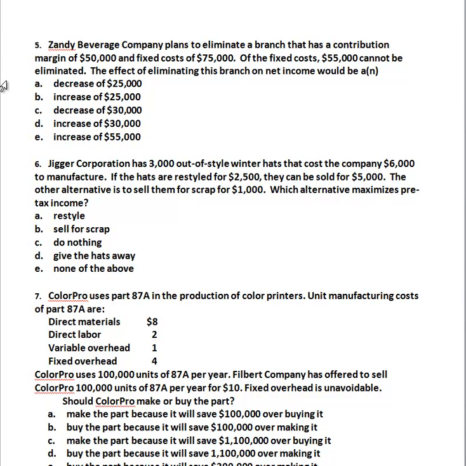Number 5. The company plans to eliminate a branch that has a contribution margin of $50,000 and fixed cost of $75,000. Of the fixed cost, $55,000 cannot be eliminated. The effect of eliminating the branch on net income would be, so we want to see what would happen if we eliminated the branch.